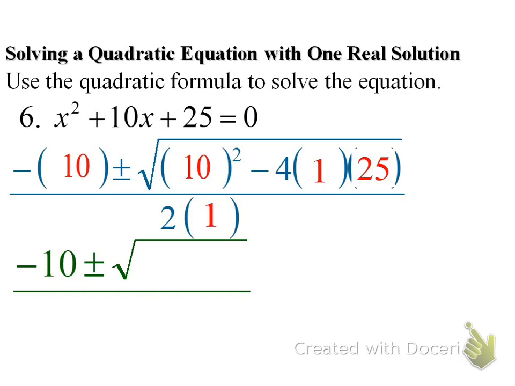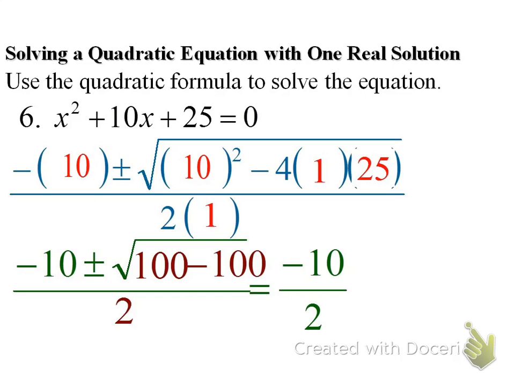So we have negative 10 plus or minus the square root of 100 minus 100 over 2. What's my solution? 0. The discriminant is 0, which means your solution is just your negative b part over your 2a part, which is the vertex. So we're coming up with negative 5. What are your questions?